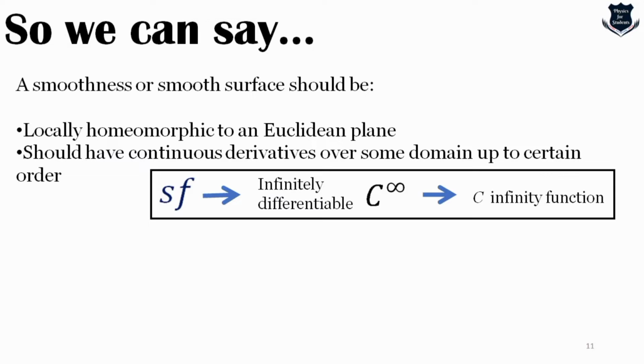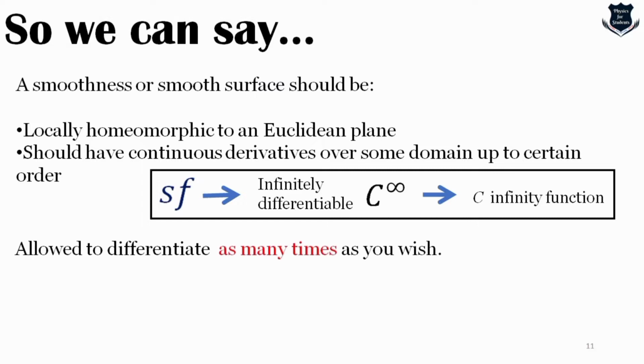The derivatives of all orders exist in the domain in which it is said to be infinitely differentiable, and it is referred to as a C-infinity function. Once you take a derivative of a function, you get a new function. Sometimes you can take the derivative of the new function again and again, and if we can go on taking the derivative, we get the second, the third derivative and so on.